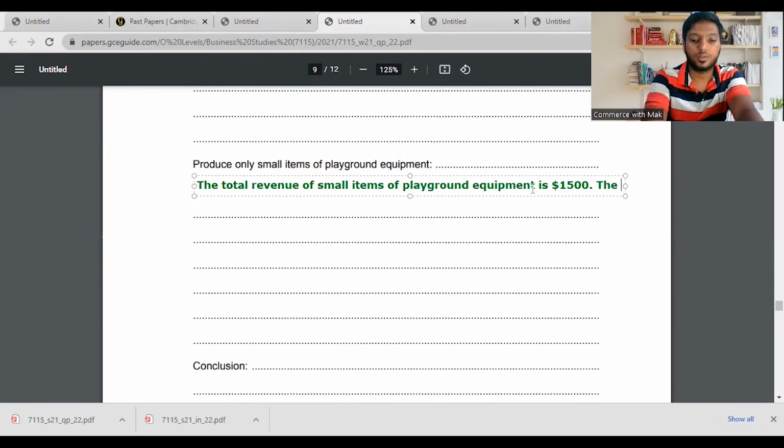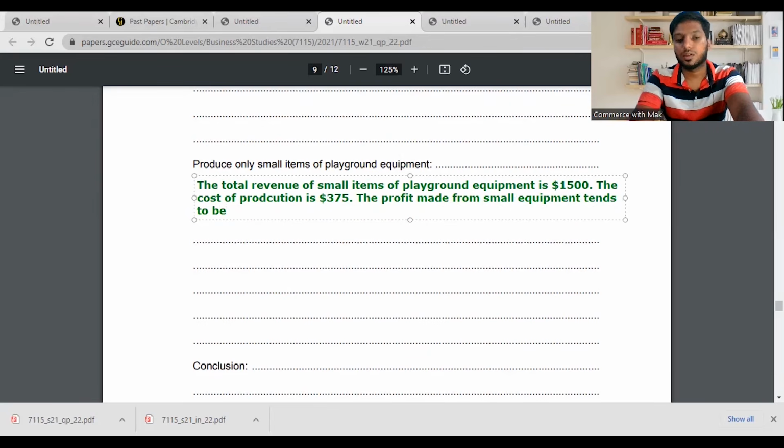The cost of raw materials or cost of production is $375. The profit made from small equipment tends to be how much, guys? 1,125, providing 75% of gross profit margin.